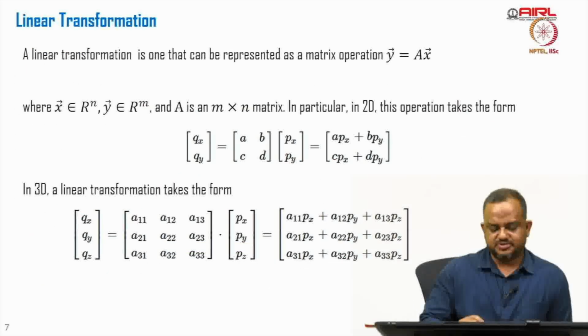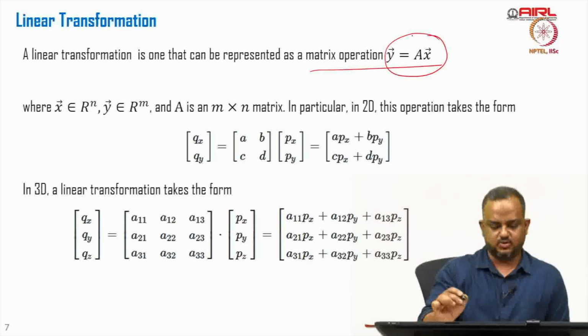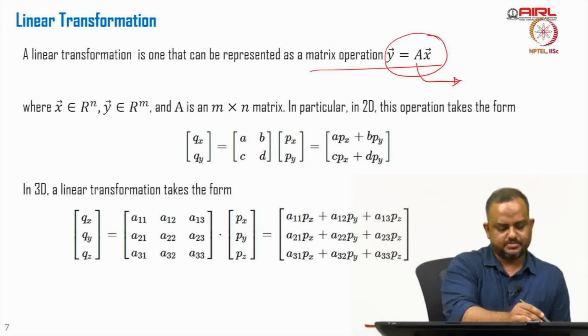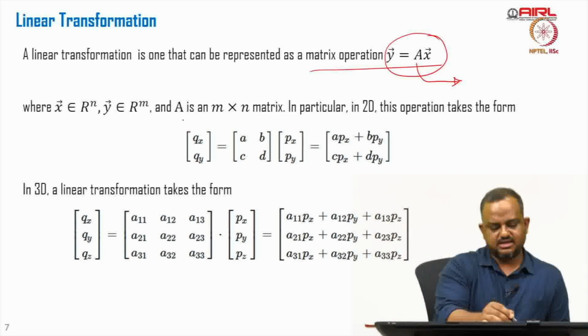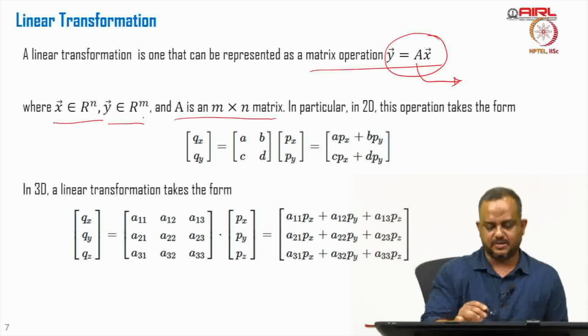So a linear transformation is one that can be represented as a matrix operation y equal to Ax. The structure or the property of A defines how the outcoming vector will be related to the original vector x. Okay. A is a kind of m cross n matrix when x belongs to an n-dimensional space and y belongs to an m-dimensional space.